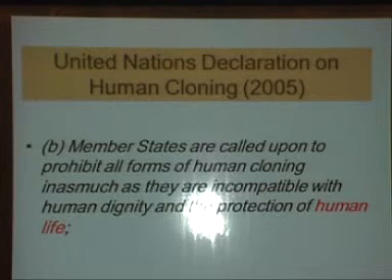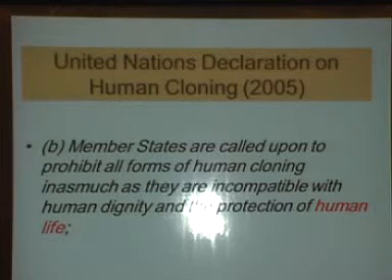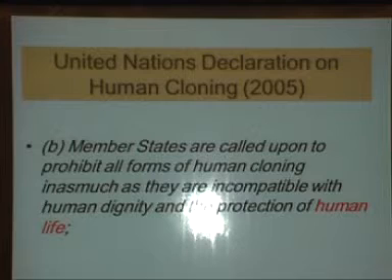But some other countries already have regulations that allow research on human embryos. So of course we could not reach consensus, and in the end we adopted a declaration stating that member states are called upon to prohibit all forms of human cloning inasmuch as they are incompatible with human dignity and the protection of human life.